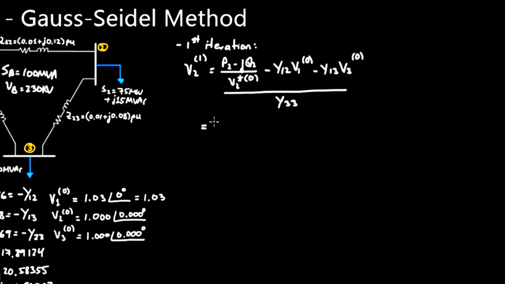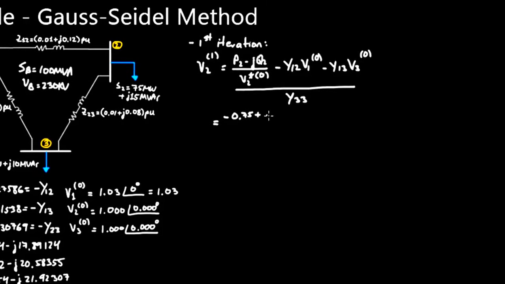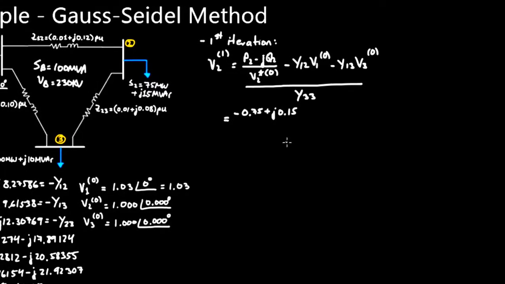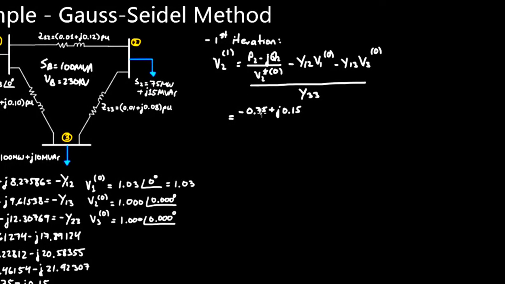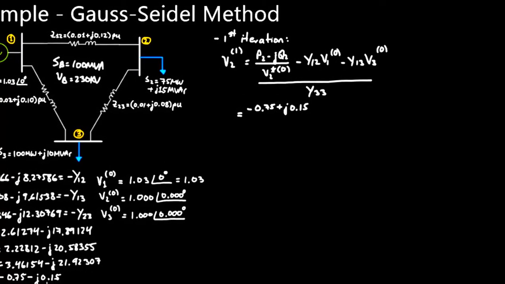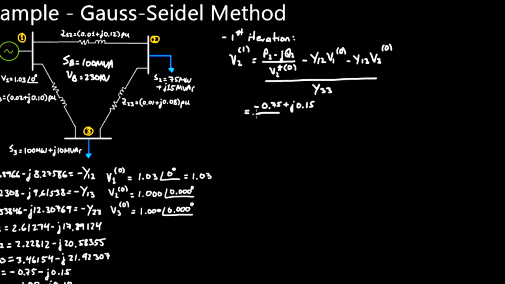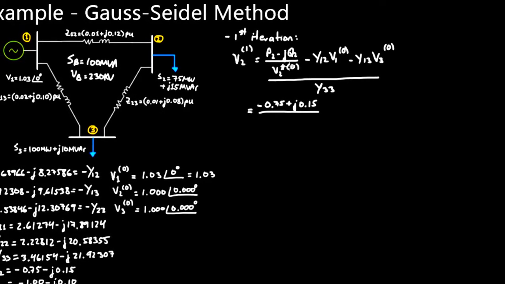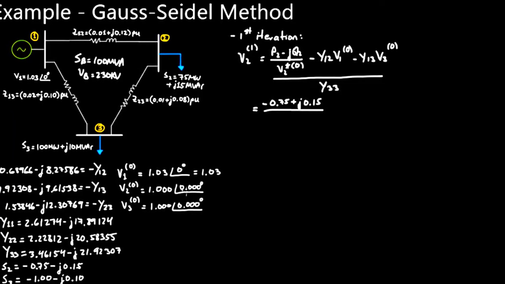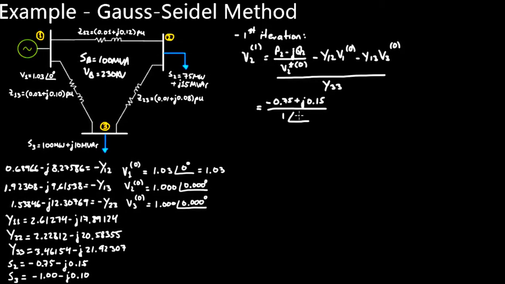So I'm going to get over here then minus 0.75, but then plus j0.15. Again, I got 0.75 from here, but then I take minus Q2, but Q2 is minus 0.15, so that would be positive 0.15. And then that over the conjugate of V2 for the previous iteration. So V2 of 0 is 1 at an angle of 0, so the conjugate of that is the same thing, 1 at an angle of 0.